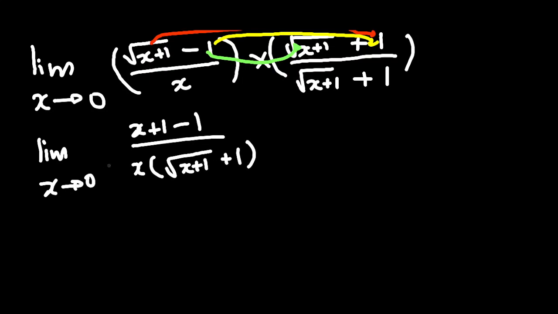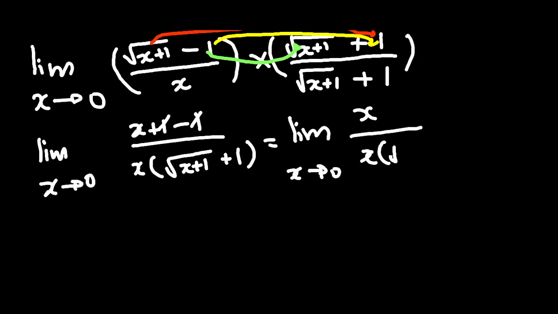Positive 1 and negative 1 cancel out, and I am left with the limit as x approaches 0 of x divided by x times the square root of x plus 1. Then the x cancels out, so now we can perform direct substitution.